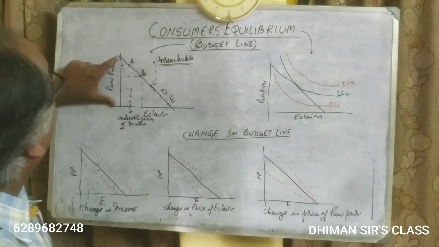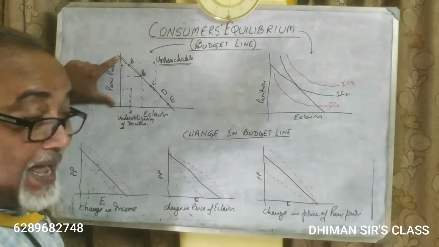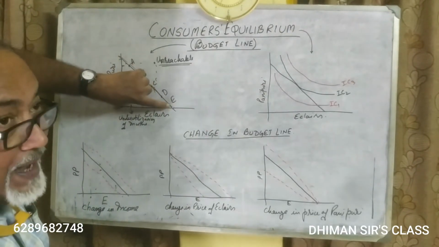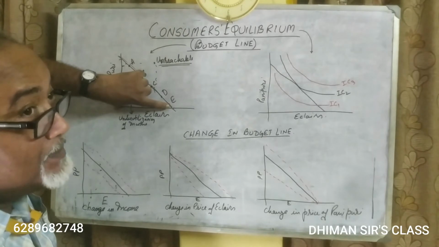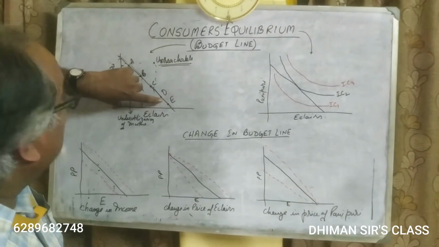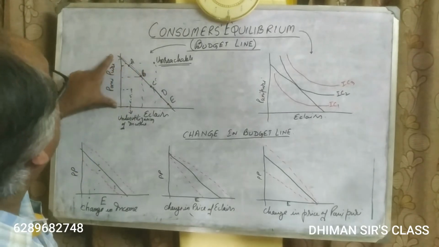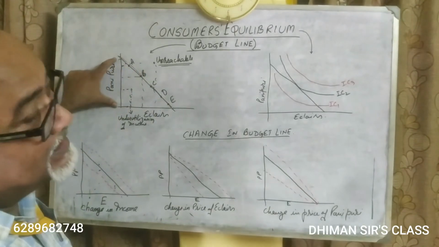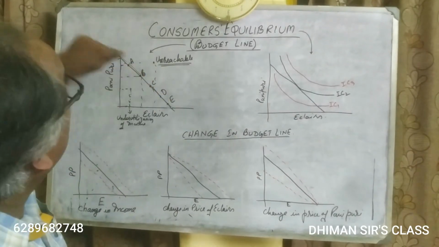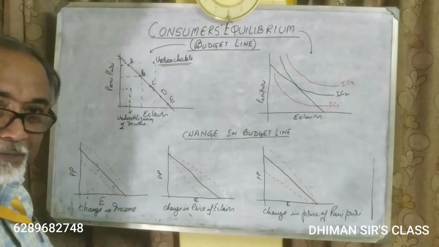This much pani puri is my maximum limit, and similarly this much eclairs is my maximum limit. My money is constant in my pocket. With that money, if I purchase only pani puri, then this much. If I purchase only eclairs, then this much. Join these, and the budget line is formed.